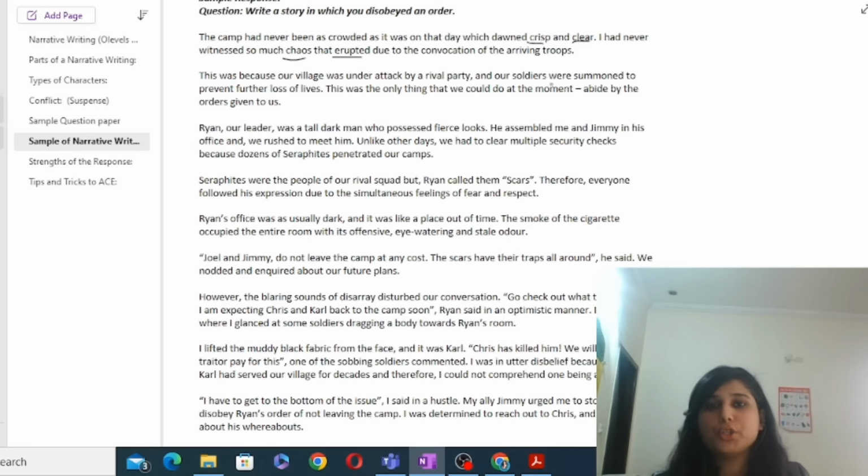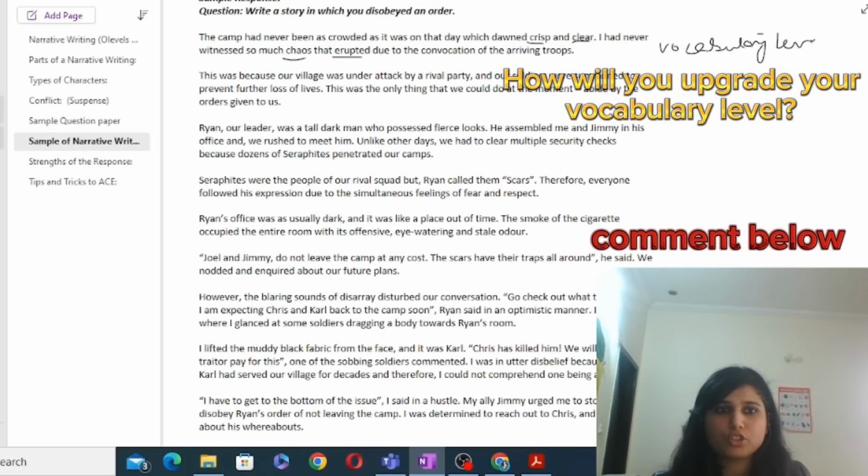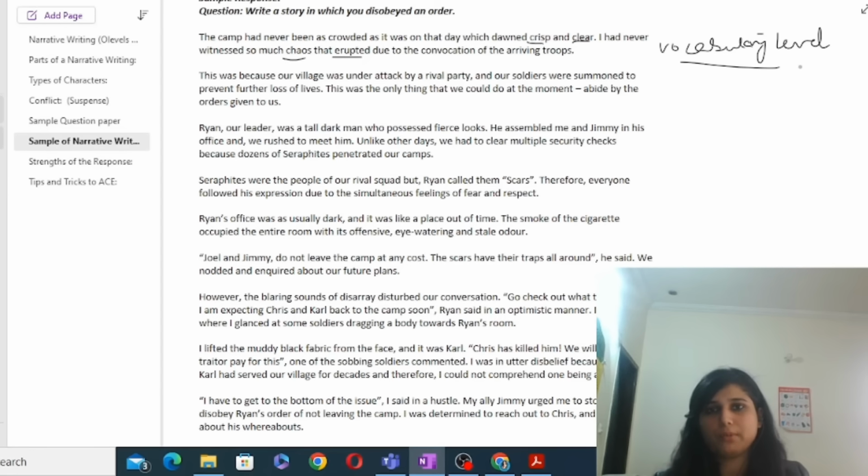So how are you going to enhance your vocabulary level? Can you please mention in the comment section below how you are going to enhance your vocabulary level? The tip I'm going to give you is that you have to read extensively. Extensive reading can save you before exams for the narrative writing.